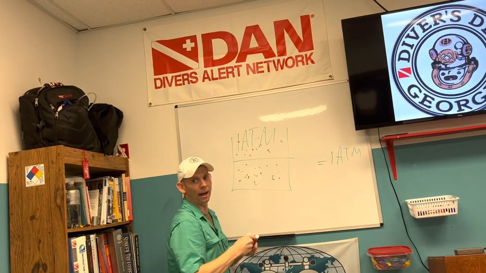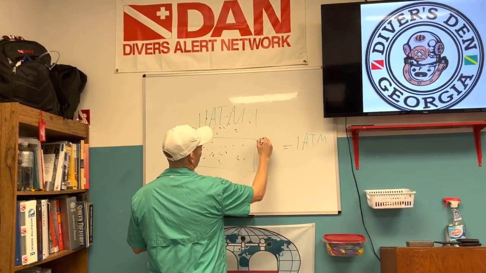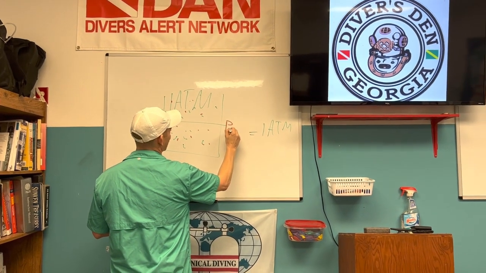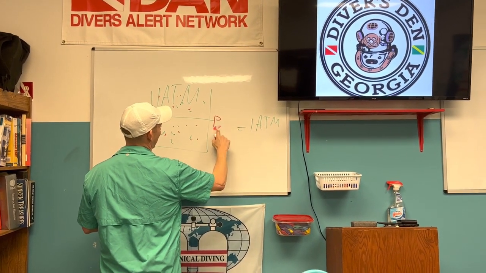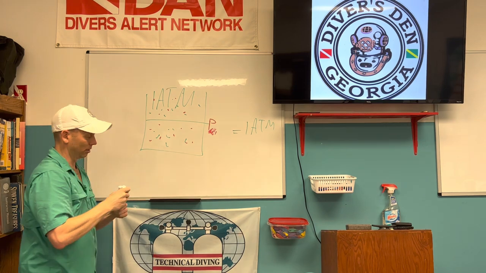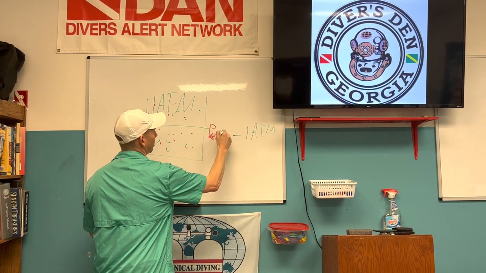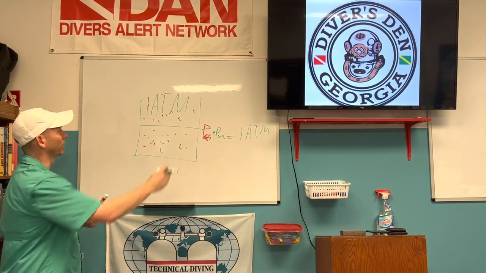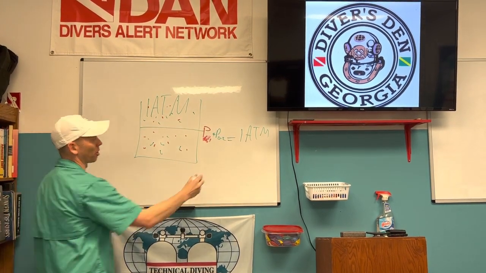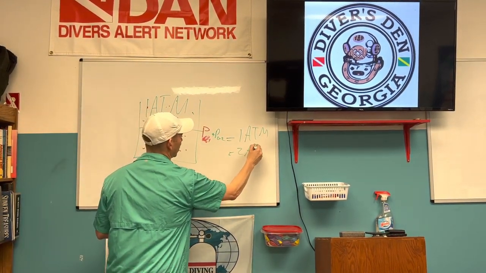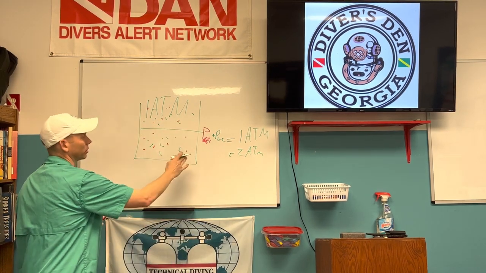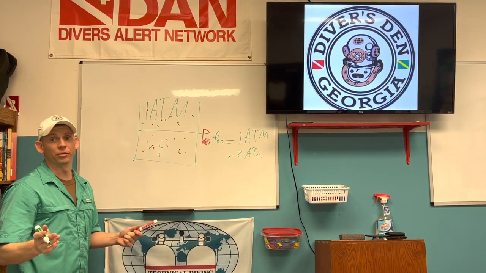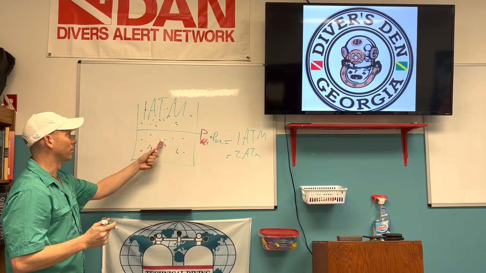So the pressure of gas 1 plus the pressure of gas 2 equals 1 atmosphere, because up here is 1 atmosphere. If I go down to 2 atmospheres, it wouldn't matter. It would still be gas 1 plus gas 2 equals 2 atmospheres.